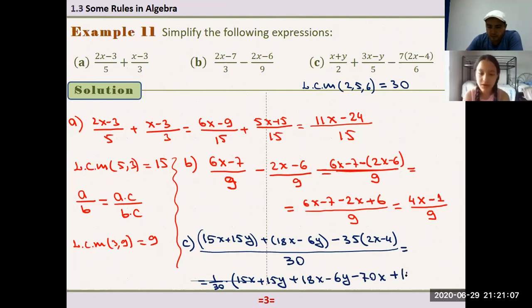Very good. Here we have 140, right? So now we should simplify this.